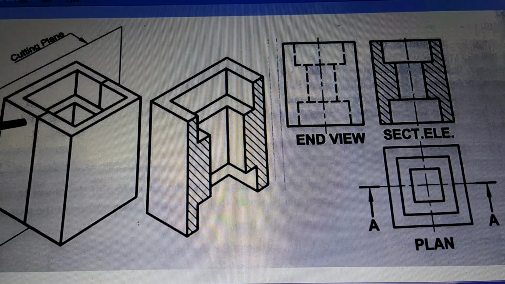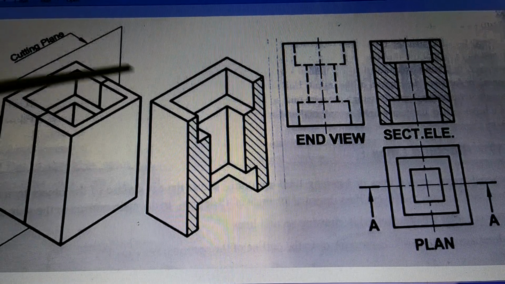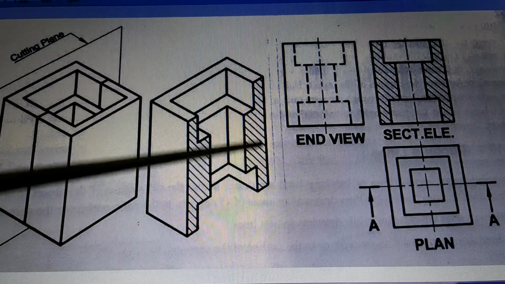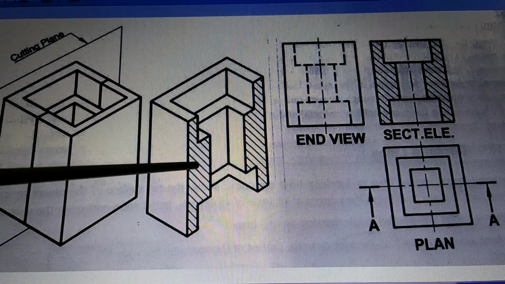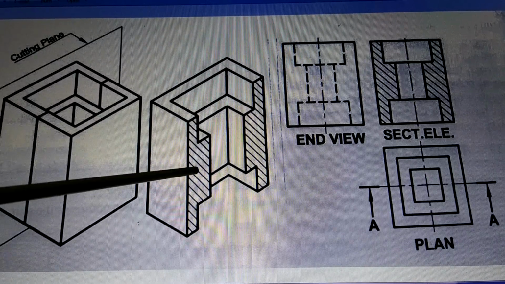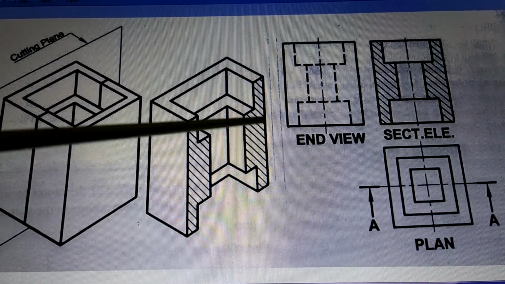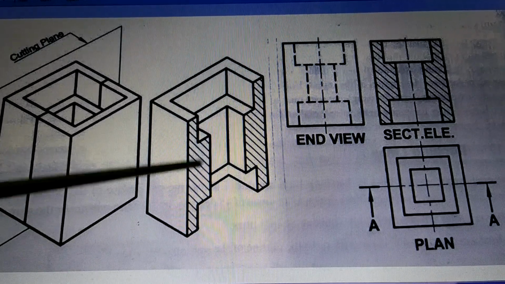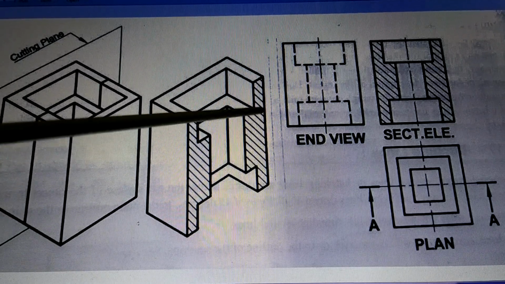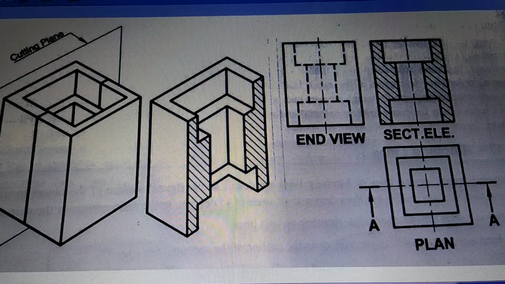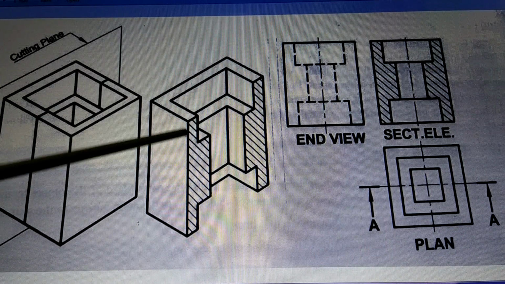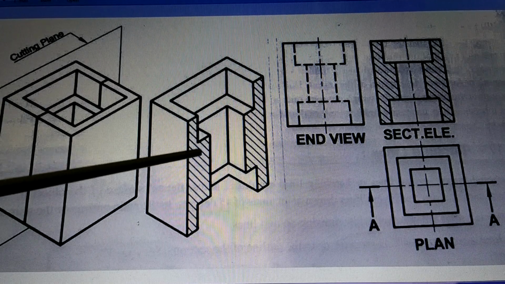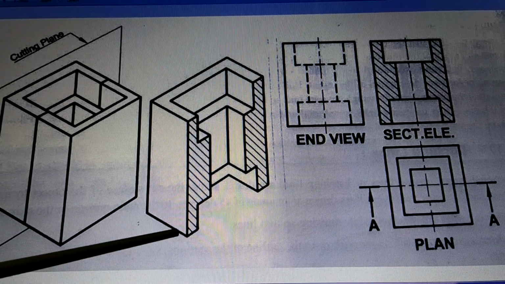The back part is shown here, and the portion which is newly exposed after cutting is shown by sectional lines. Whichever surface was not seen earlier is now seen. How to draw sectional lines we will see later on, but once you show these section lines, this indicates the section of the object.